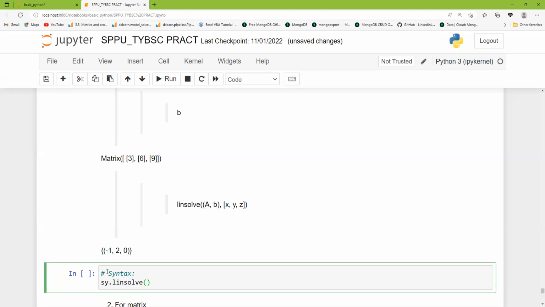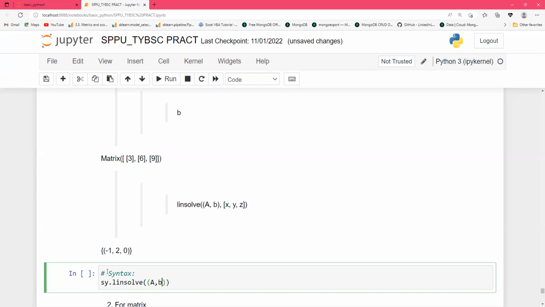There are so many ways by which we can give the arguments to the linsolve function. So for this, in a tuple, we have to give the matrix A, that is the coefficient matrix, and this is the small b, that is the equal-to side.